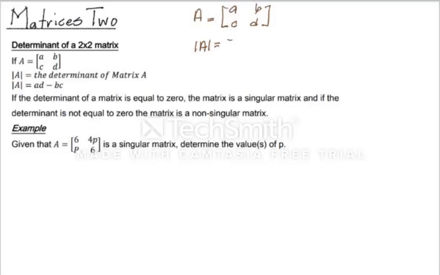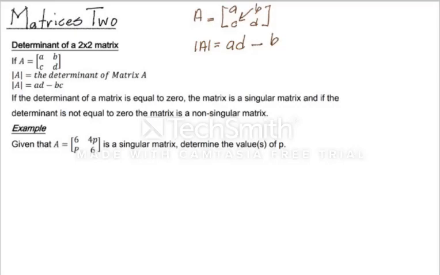Now, the determinant of A would be equal to A times D, which would be AD, minus B times C, which would be BC.